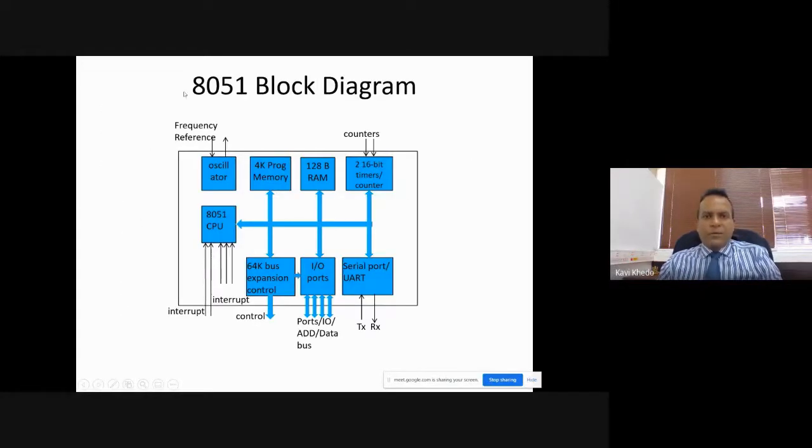This is a block diagram for again the 8051 microcontroller. Okay, so you see here, this is a CPU, the CPU for the microcontroller, and then these normally will be on-chip: I/O ports, the memory, the RAM, the timers, the serial port, UART, okay, and the oscillator. So this is a typical block diagram for a microcontroller.